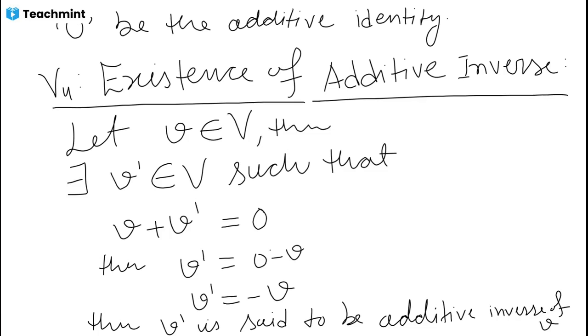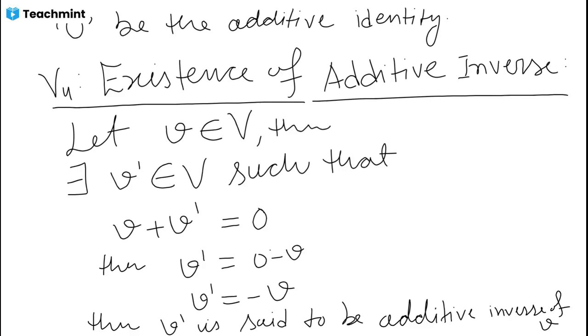Additive inverse means when we add the additive inverse to an element, we get the additive identity. So this must be in the set. When we have any element, there must be its additive inverse in the same set to be a vector space. And next, we have two more properties.